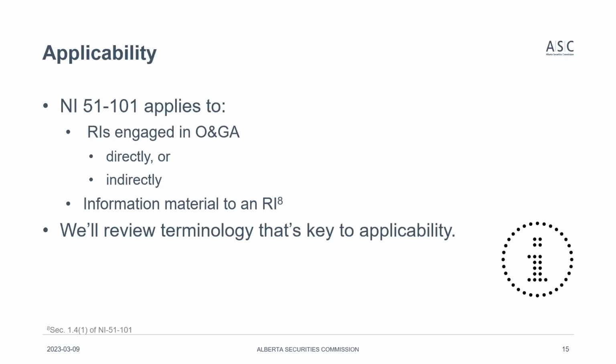But in general, for what we're going to be talking about today, I think it's best to think about these as the requirements that apply to issuers that are engaged in oil and gas activities. And if they are, there's a bunch of requirements, and materiality is secondary to consider when we talk about those requirements.